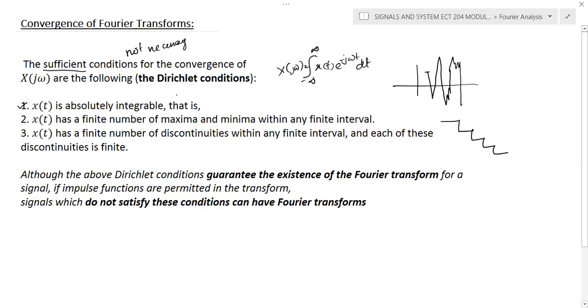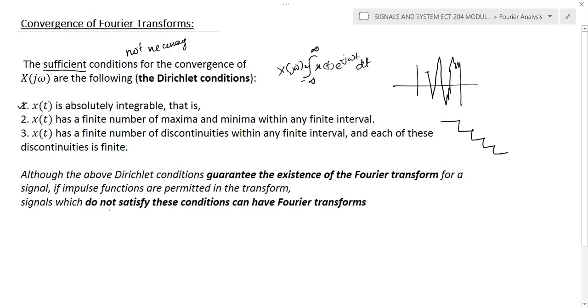Then definitely we can say that the Fourier transform exists. But if the Dirichlet conditions are not satisfied, it doesn't mean that the Fourier transform does not exist.